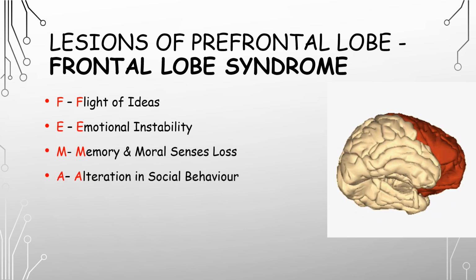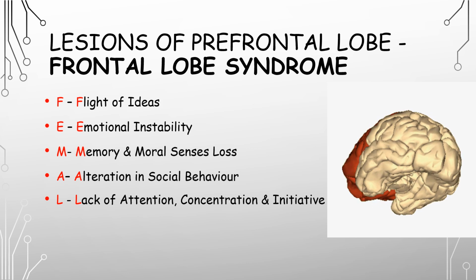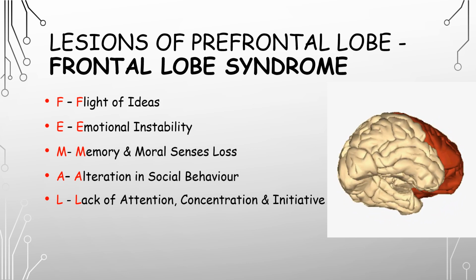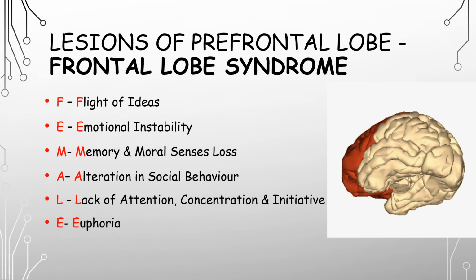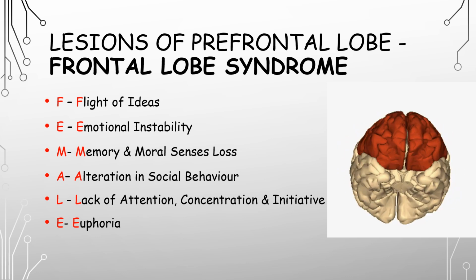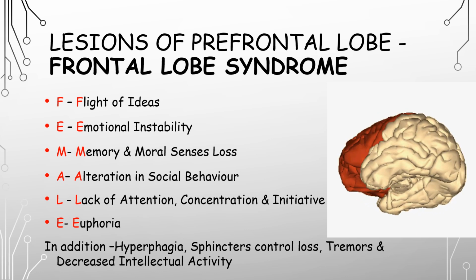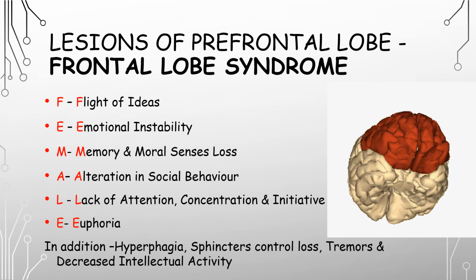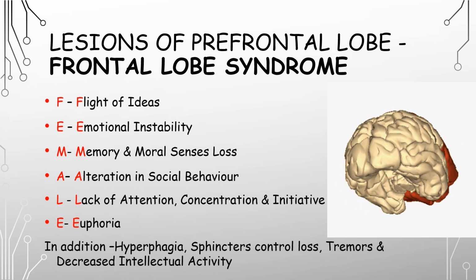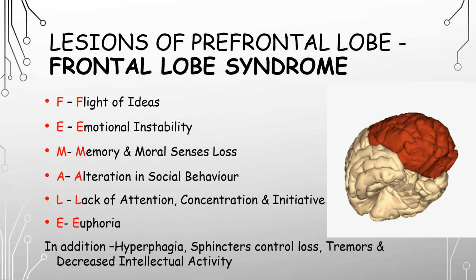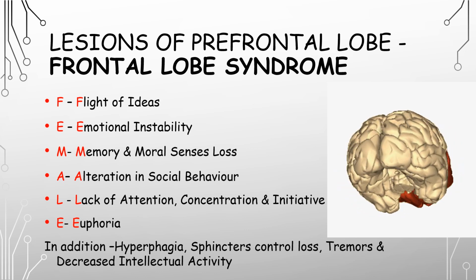There will be alteration in the social behavior. There will be lack of attention, concentration, and the initiative. And they'll be having the euphoria. And then in addition, they'll be having hyperphagia, sphincter control will be lost, they will be having tremors and decreased intellectual activity.